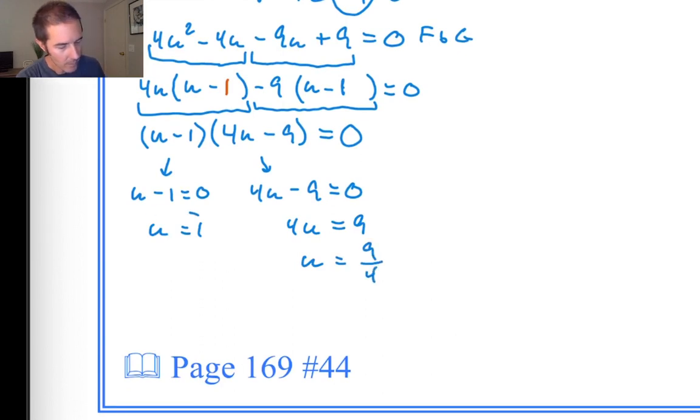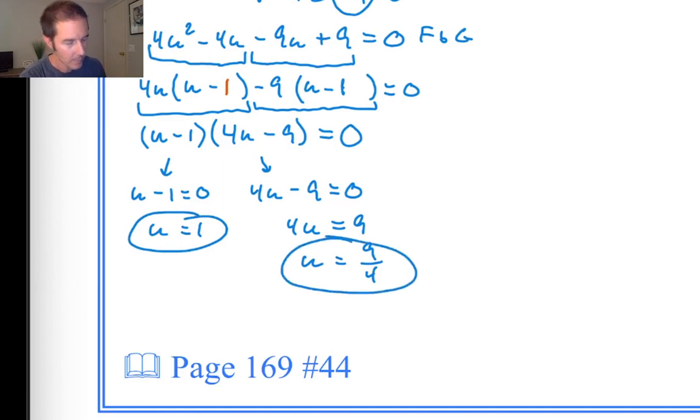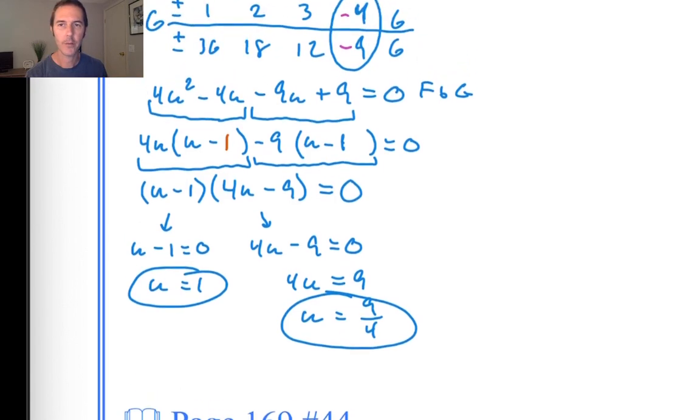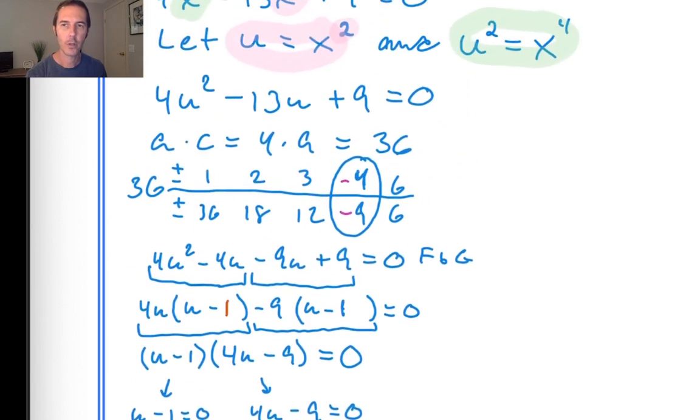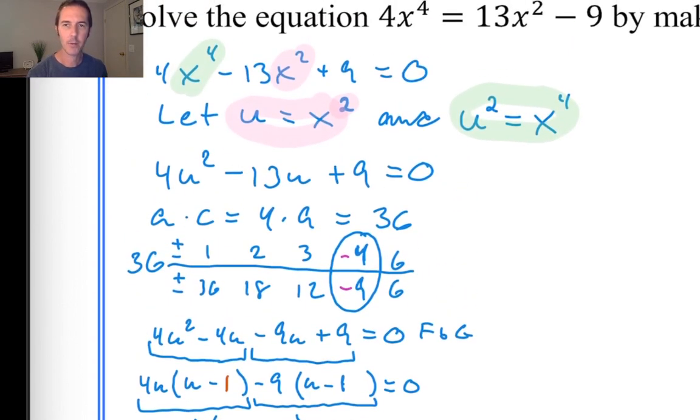I'm circling these because they are not my final answer. They look like they should be final answers, but I'm not looking for u values, I'm looking for x values. Remember that earlier in the process, we did some substitution. We used these let statements in order to change our equation from x's into u's, which made it a little bit more familiar and easier to work with.